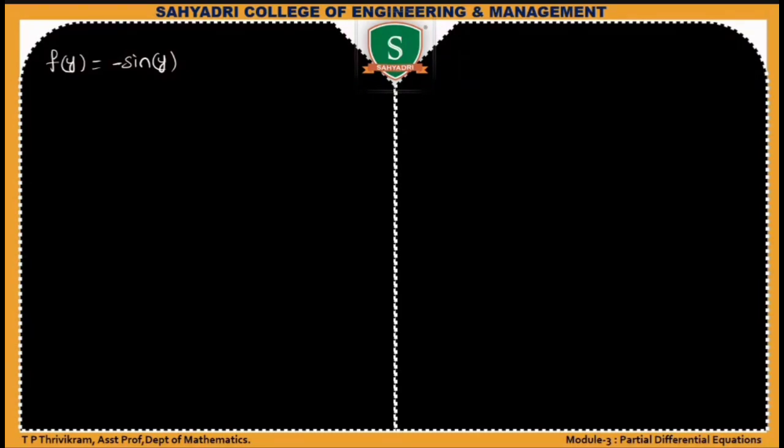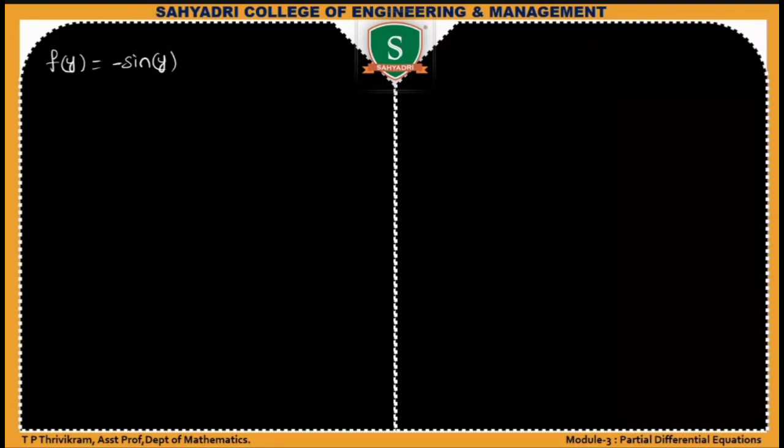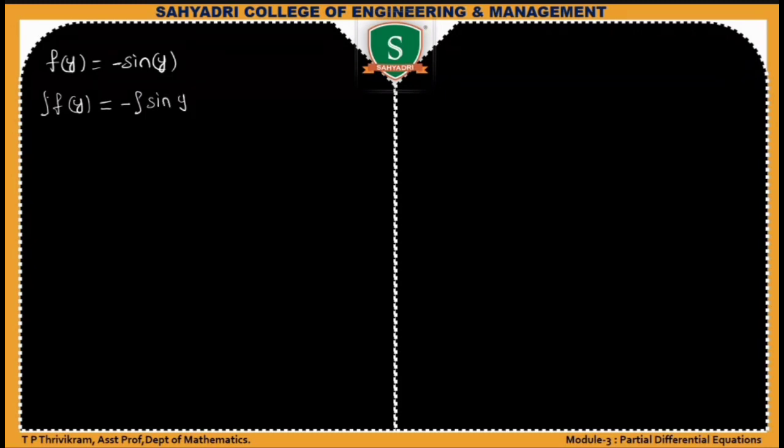Now in the final solution, what we have is the integral of f of y. So the integral of f of y is minus integral of sin y, which is minus of minus cos y, because the integration of sin y is minus cos y. So cos y.